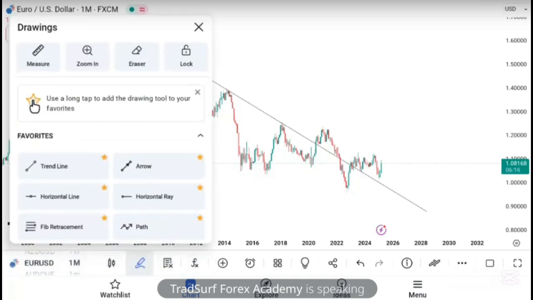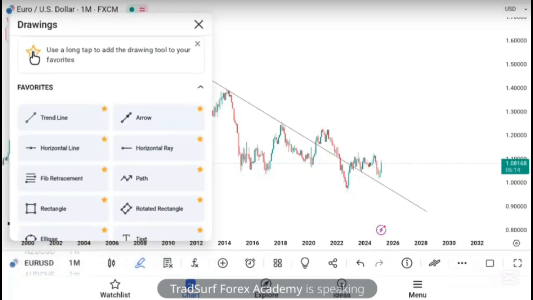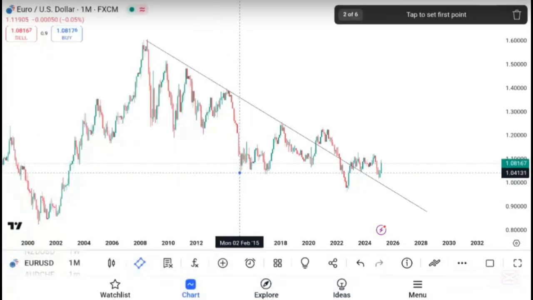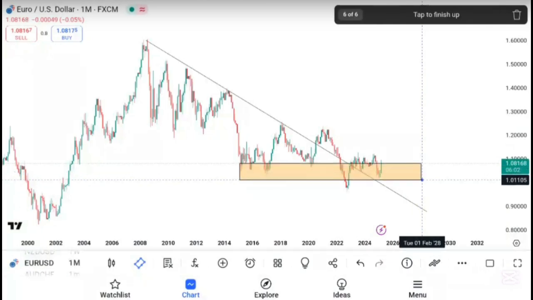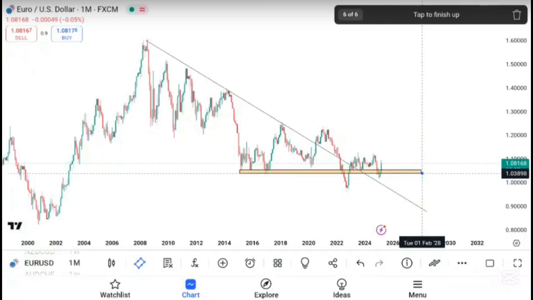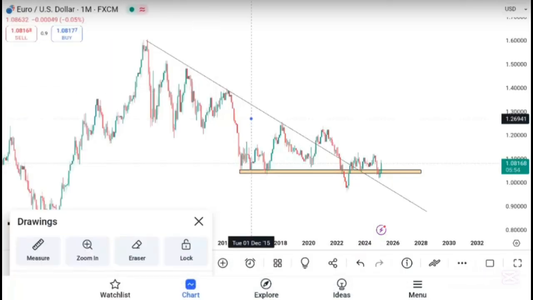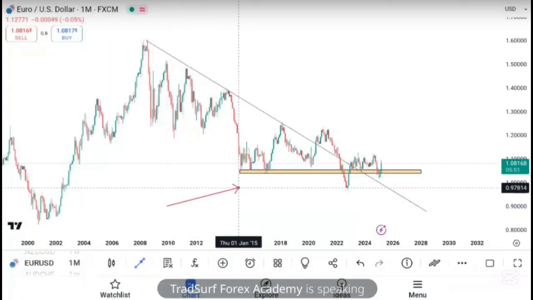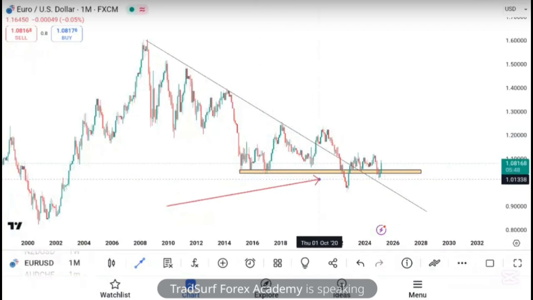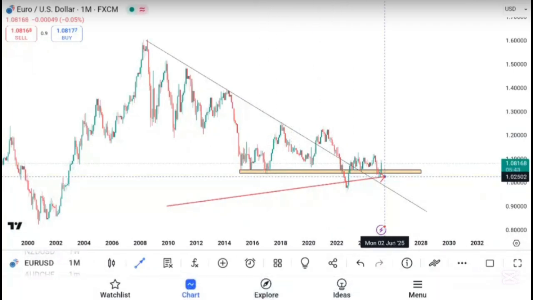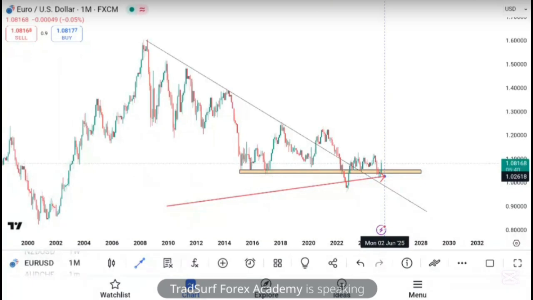I did not see it when we were in class in the morning, but I'm seeing an inverse head and shoulders now. This is the left shoulder. This is the head. And this is the right shoulder. So I've ticked one box now for my confluence.